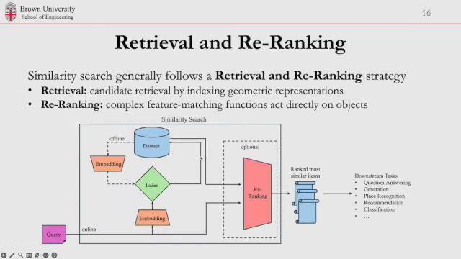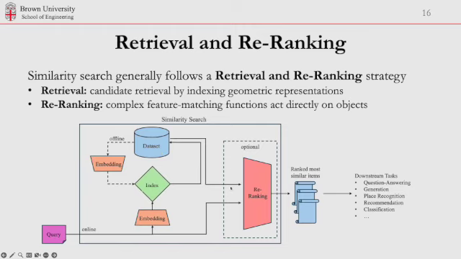And so what we see in applications today, and this is the role that similarity search plays, is this retrieval and re-ranking strategy. The query comes in and goes through this retrieval stage, where the query gets embedded as some high dimensional vector. It performs this retrieval stage using an index, which I'll talk about, and that references the data set to give us maybe 100 or 1,000 candidates.